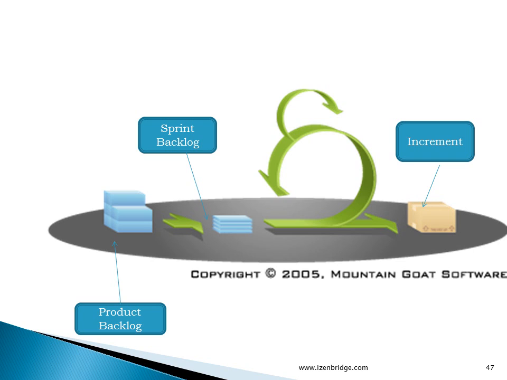The second artifact, created in the sprint planning meeting, is the sprint backlog. Then we work for 30 days, or a sprint duration, and generate a potentially shippable product called an increment. So these are the 3 Scrum artifacts: product backlog, sprint backlog, and increment.